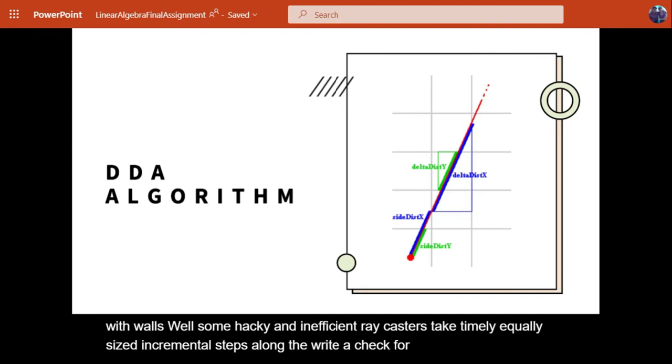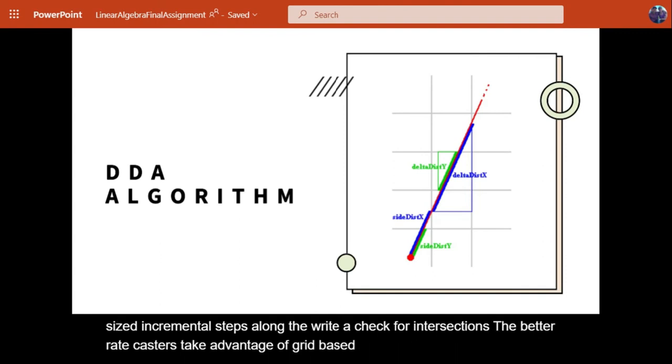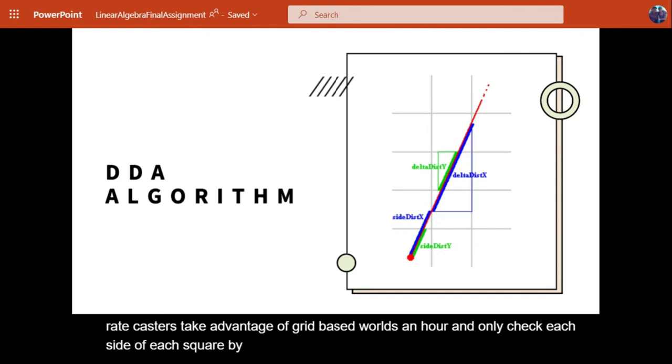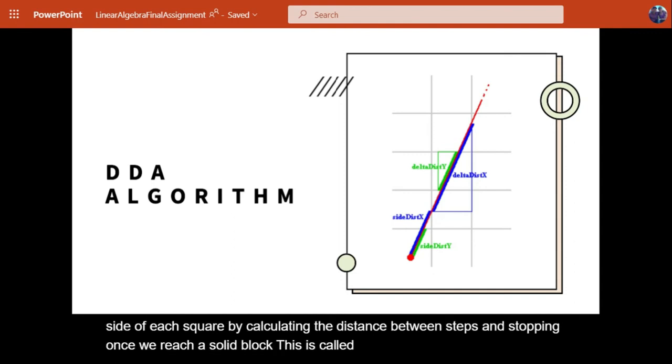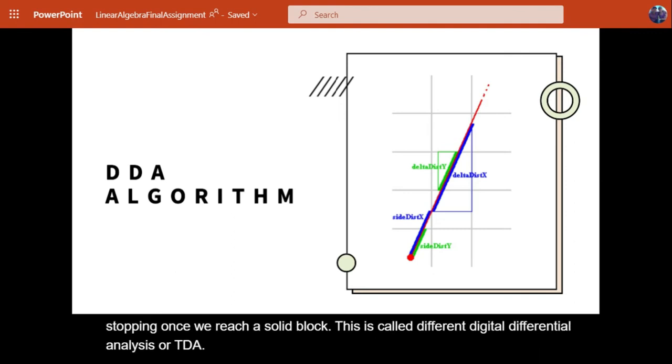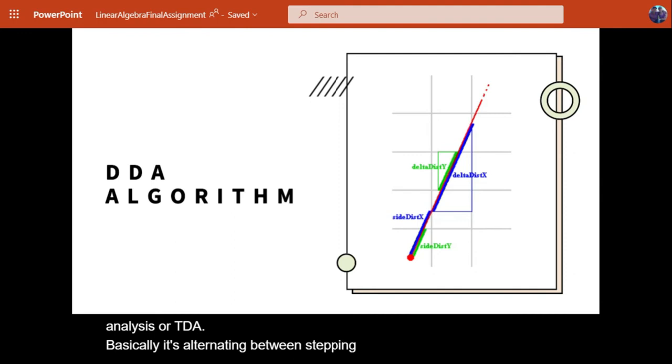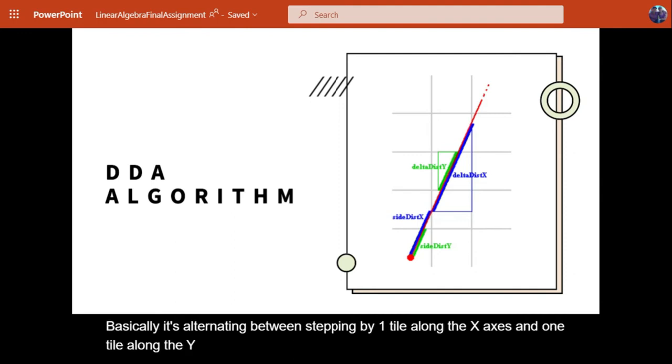The better raycasters take advantage of grid-based worlds and only check each side of each square by calculating the distance between steps and stopping once we reach a solid block. This is called digital differential analysis, or DDA. Basically, it's alternating between stepping by one tile along the x-axis and one tile along the y-axis and calculating the distance traveled along that ray in that step using the slope.